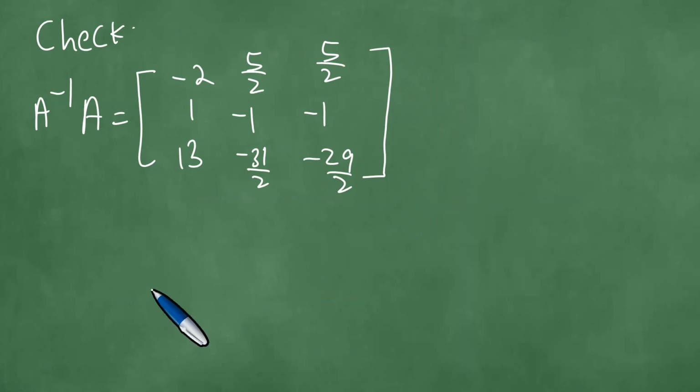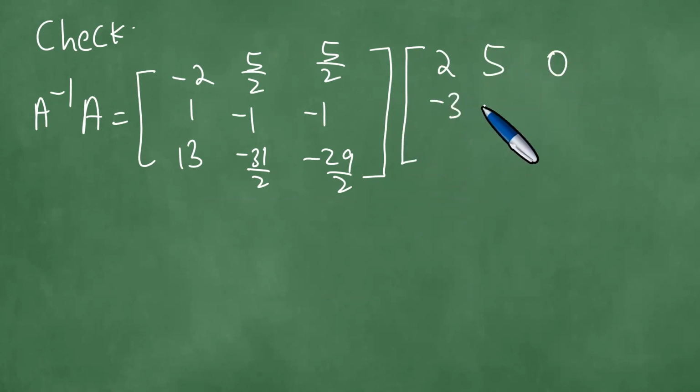And the matrix A is this one here. Right, the matrix A is 2, 5, 0. Minus 3, 7, minus 1. 5, minus 3, 1.